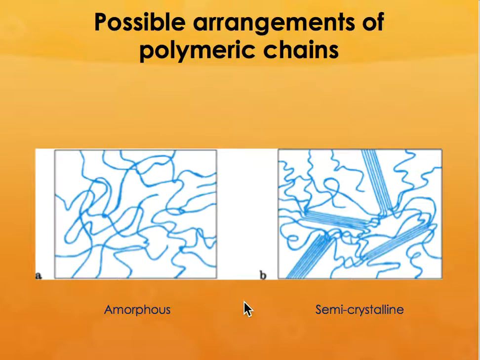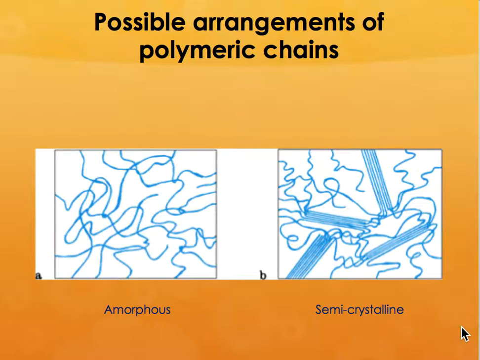So, if you had different kinds of polymer chains, if it is amorphous, it's a jumbled up set of bonds, and if it is semicrystalline, you have some reasonable amount of short range order, but beyond which it is all jumbled up.